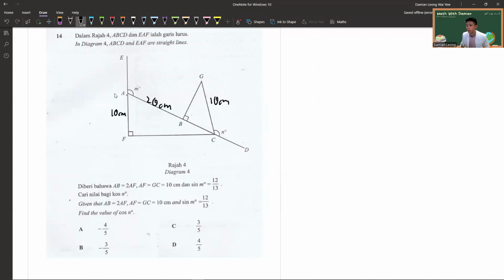sin M is 12 over 13. So sin M is here, but it's not inside the right angled triangle. I need to relate it with the angle inside the right angled triangle. It's the same as a second quadrant angle, M degrees. So this angle is the same as this, which is the reference angle. The trigo ratio of the reference angle would be the same, except for whether it's positive or negative.